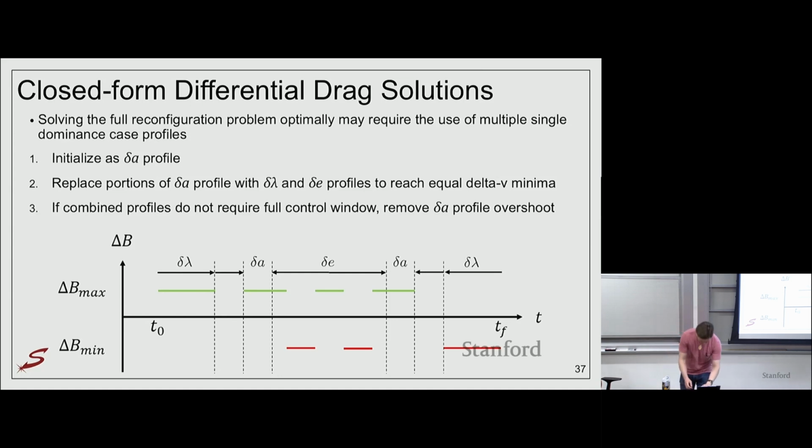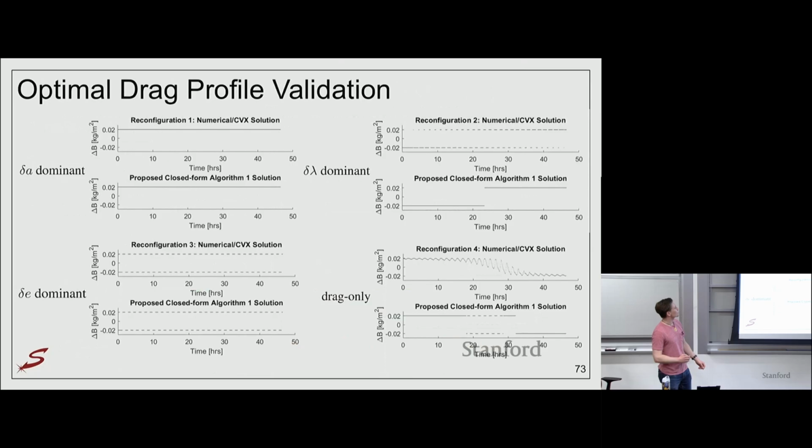You can kind of see this. I think I included it in my backup. Let me see, where I actually validated the differential. Yeah, here we go. This was when I initially published this material. This was the validation I did on the different differential drag profiles. You can see that the delta A dominant case and delta E dominant case are exactly the same.